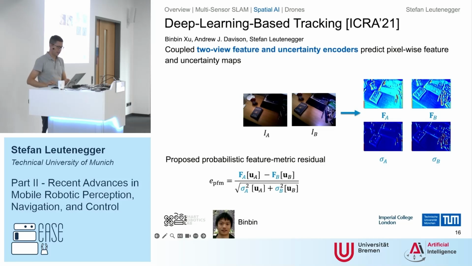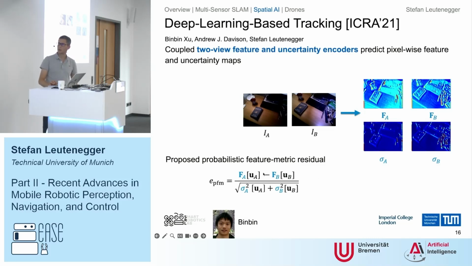So what we've invested some time in, again leveraging learning for this part, is, instead of trying to align two images that have very different illumination directly at the level of colors, to actually try and learn features that are somewhat invariant to these kinds of changes, along with a confidence map associated with it.